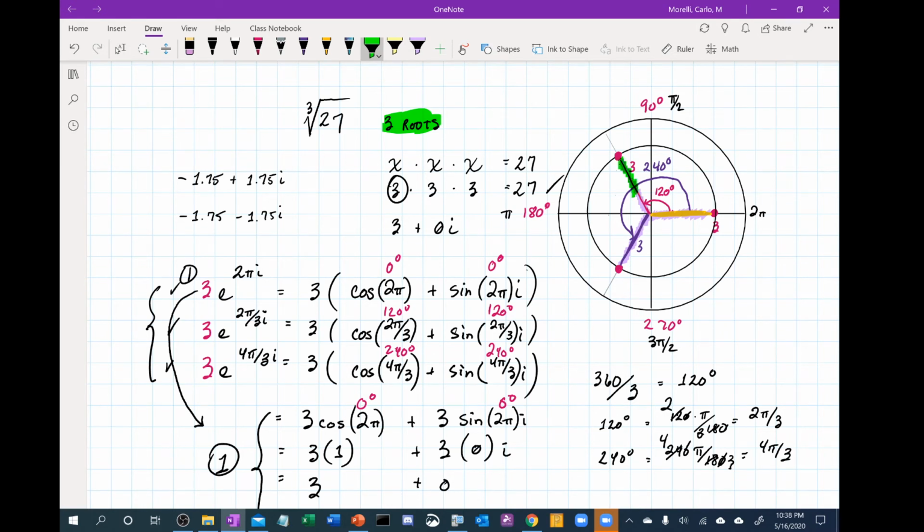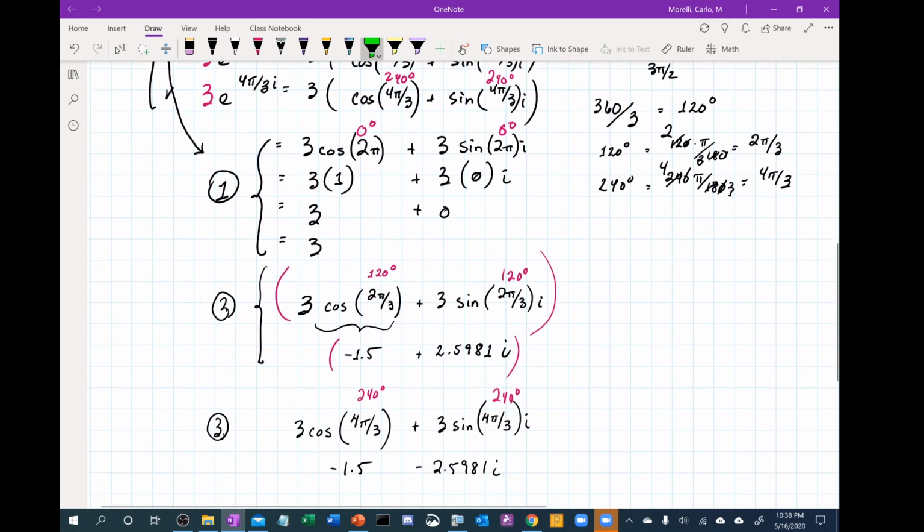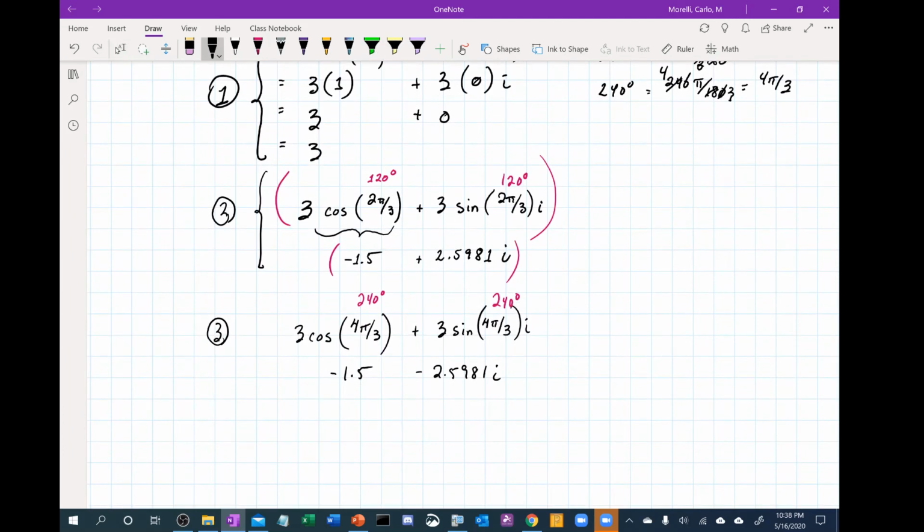Guys, I don't know if you understand how cool this is. There are 3 solutions or 3 roots to the cube root of 27, and they are offset from one another by exactly 120 degrees when you graph them, and here they are. I mean, look at this. So I want to write this all out just so I don't actually forget this.